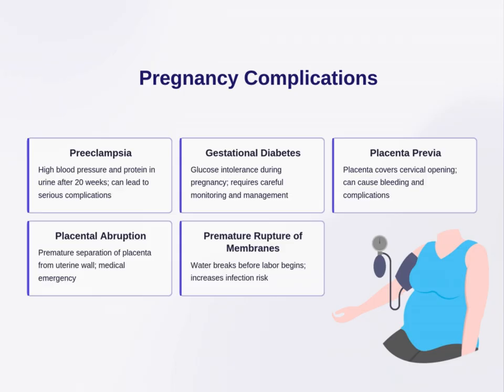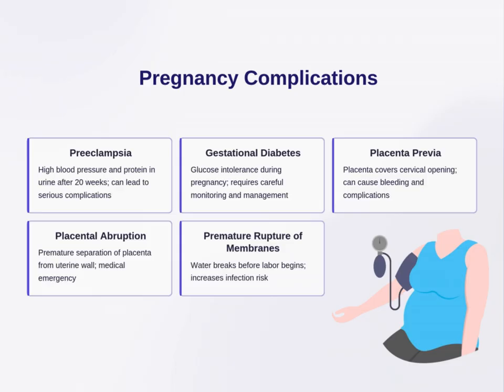Preeclampsia, something we look at after 20 weeks, typically towards the end of pregnancy. It is identified by high blood pressure, protein in the urine, a lot of times swelling in the feet, and it can be very serious. If left untreated, it can turn into eclampsia, which is a seizure disorder, which can be very, very dangerous. Placenta previa, where the placenta is covering the cervical opening, that can be dangerous.